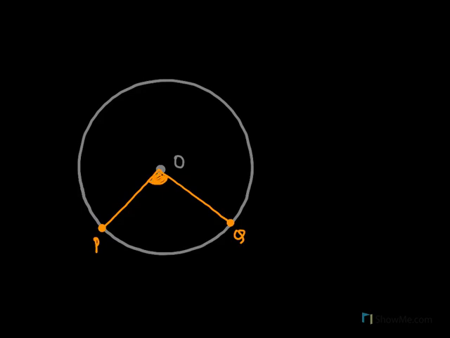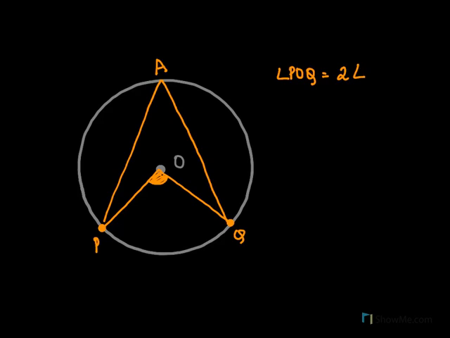And this angle, say angle POQ, will always be double of the angle at the circle, angle PAQ. So if this is x, this is 2x.